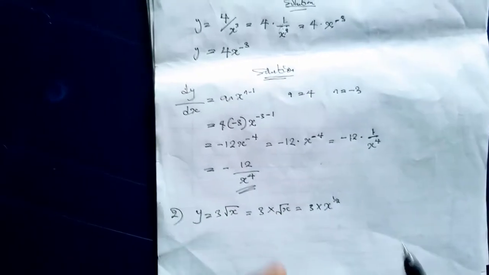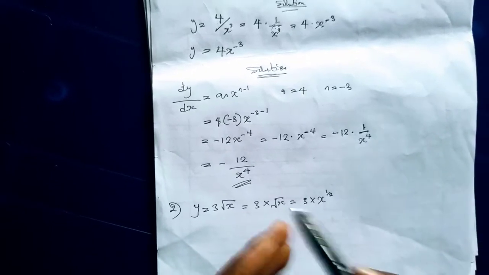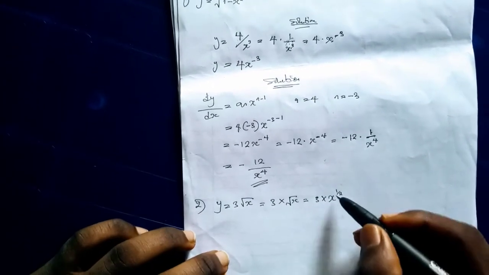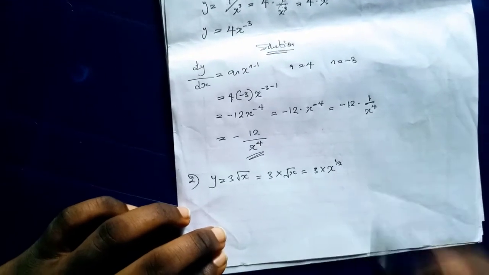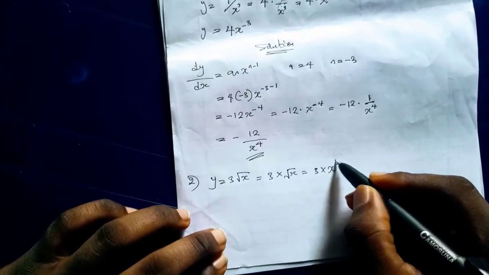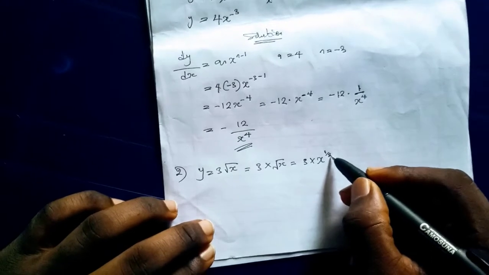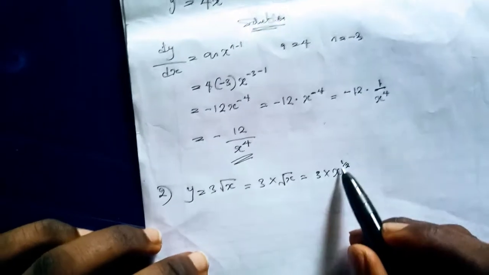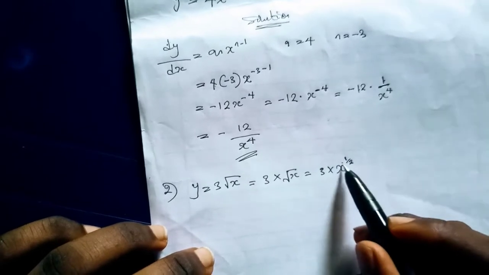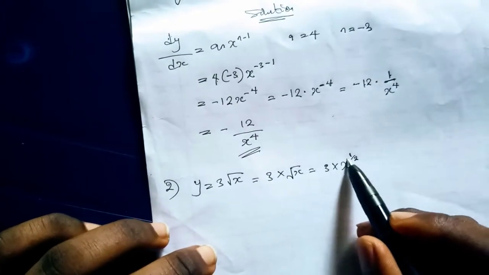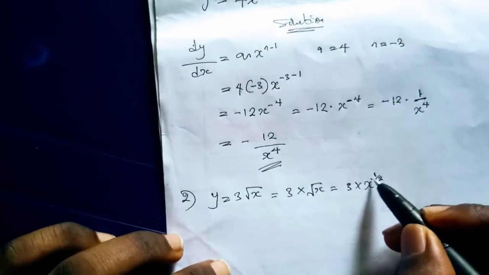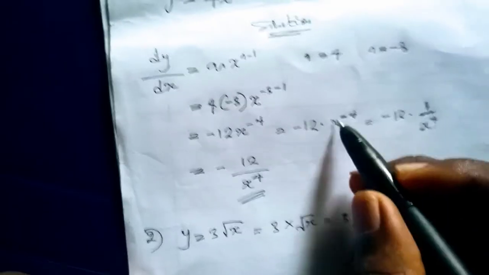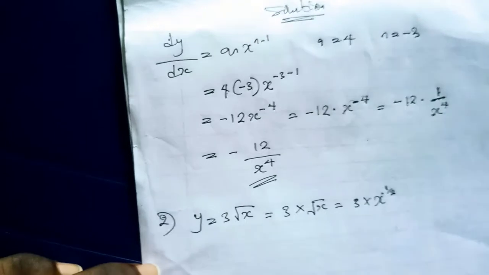Now this is from the knowledge of indices. When you have 1 over 2, it means that this 1 is the power and this 2 is the root. Like here we just have only 4. We don't care what the sign might be, because we already know that if it is negative, it is 1 divided by the variable given to us.